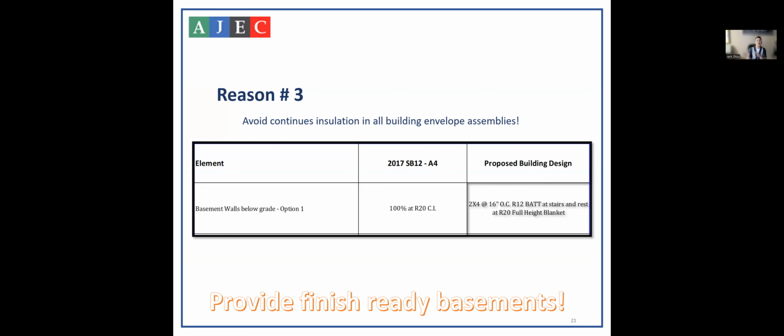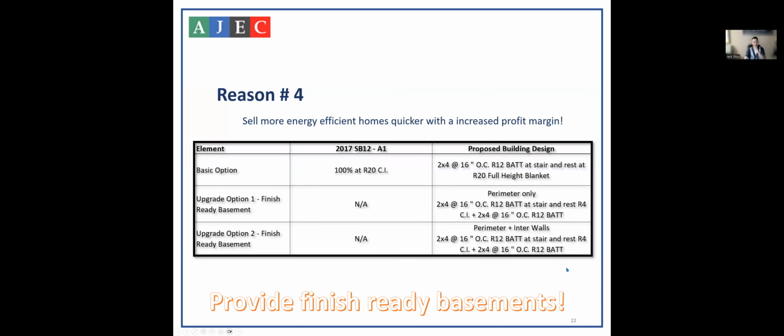That is not allowed anymore under the current building code, but doing energy modeling allows you to go back to those scenarios if you wanted to, as long as you meet those 7 criteria. That's really important.